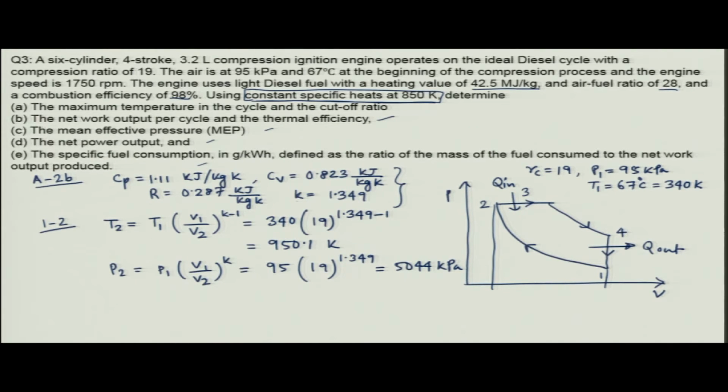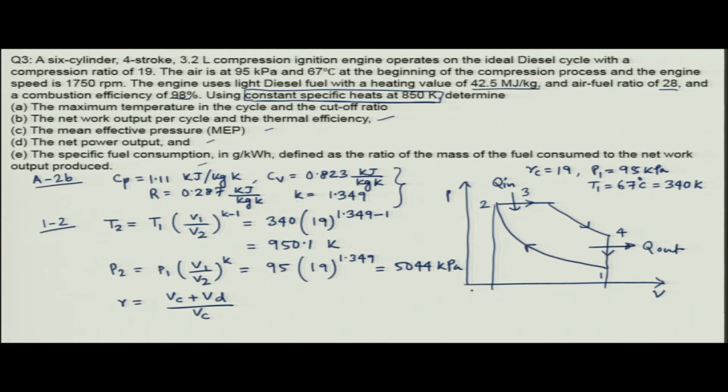So, we have to find the cutoff ratio, but before that we can find what is this lowest volume. Okay. So, this R I can write as, let us say, Vc plus Vd over Vc. Okay.